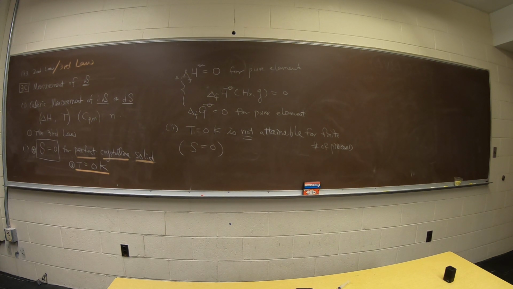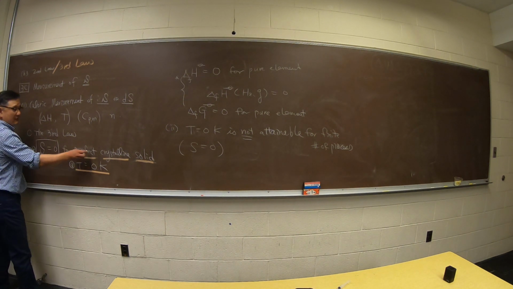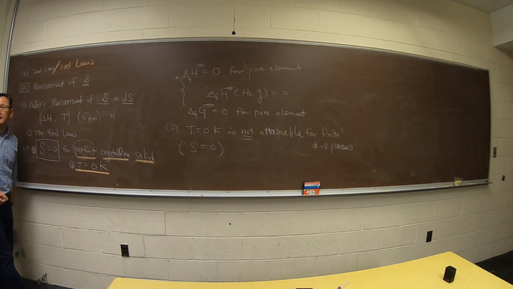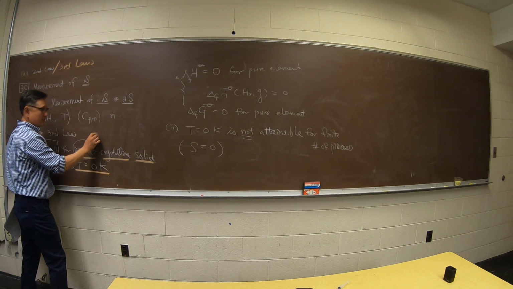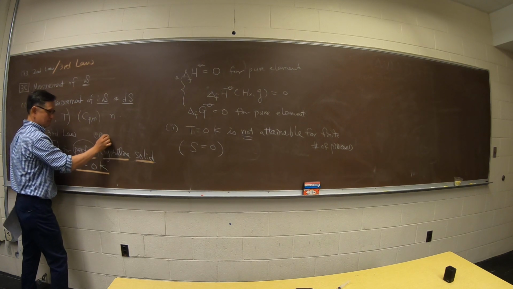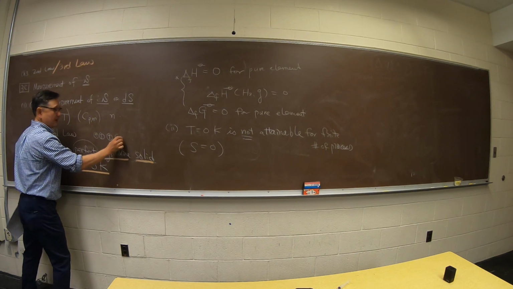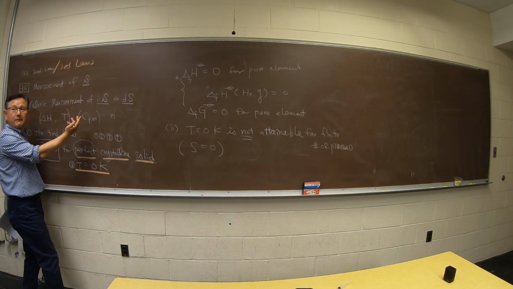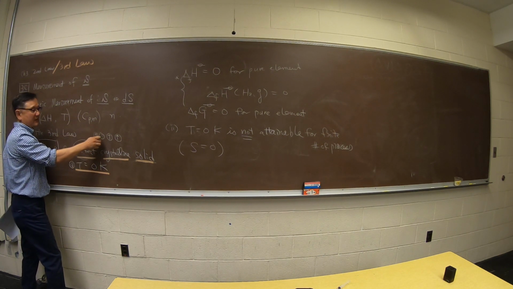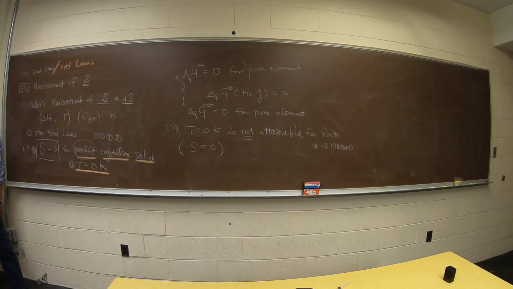So that's a statement of the law of thermodynamics. When we talk about the perfect crystalline solid, we are not only talking about atoms, but some atoms have a magnetic spin. They all have to be paired up perfectly. If you have one coming down, it's not going to be the lowest entropy state.